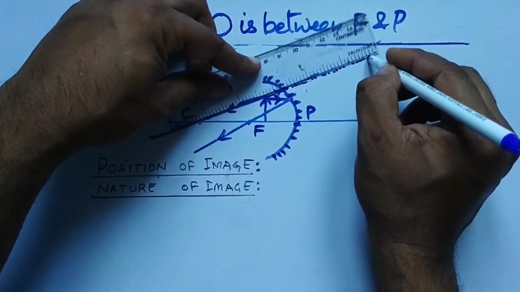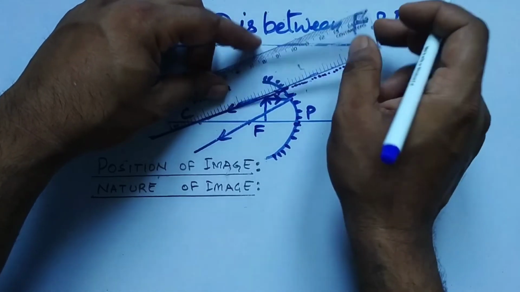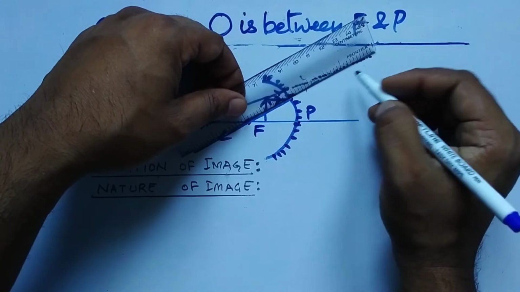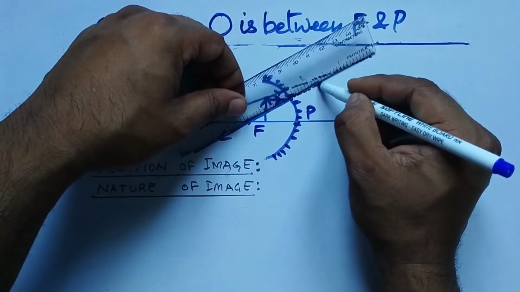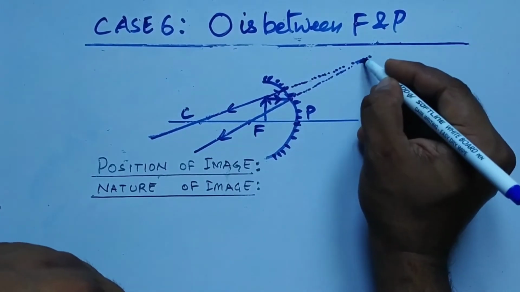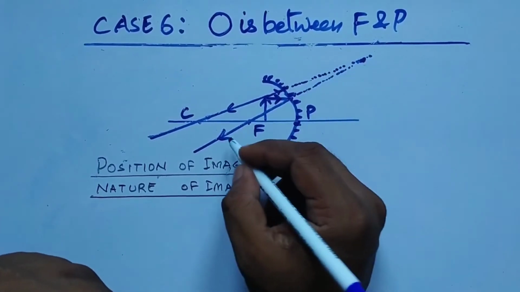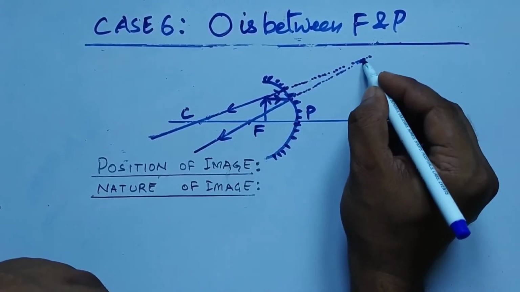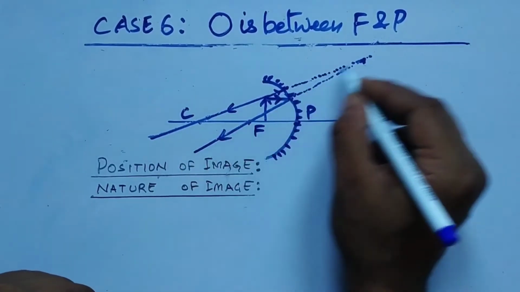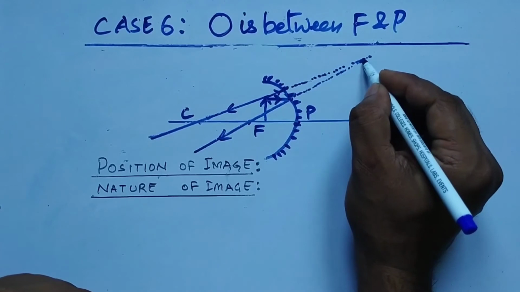Since you are constructing these rays, you will draw it in a dotted way, and these rays appear as if they are coming from this point. So these diverging rays, when drawn backward, meet at this point.